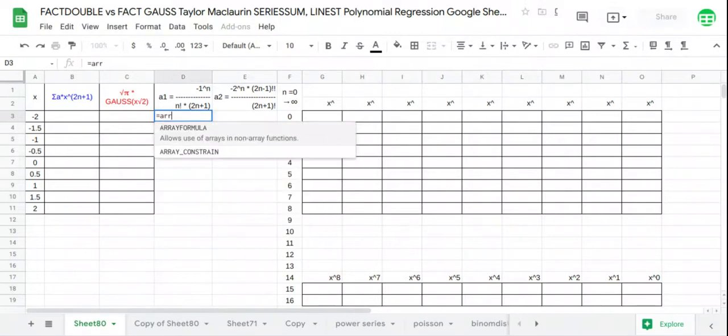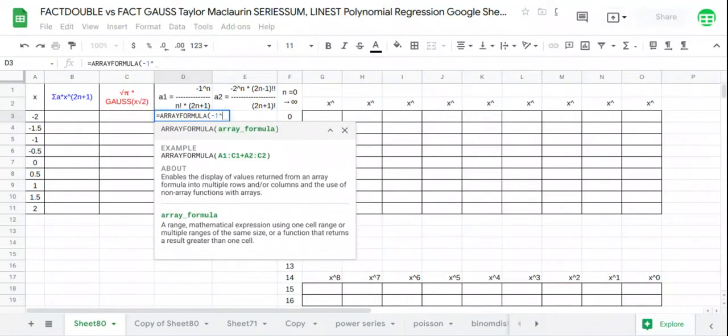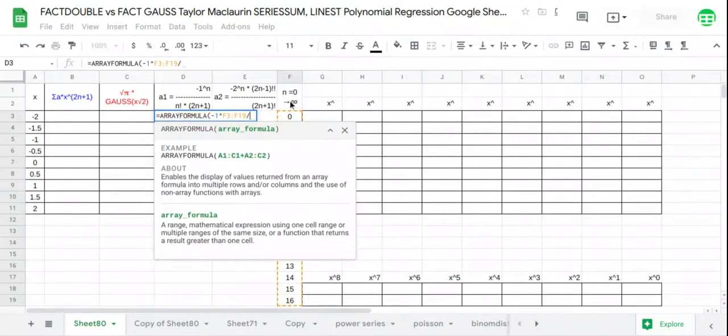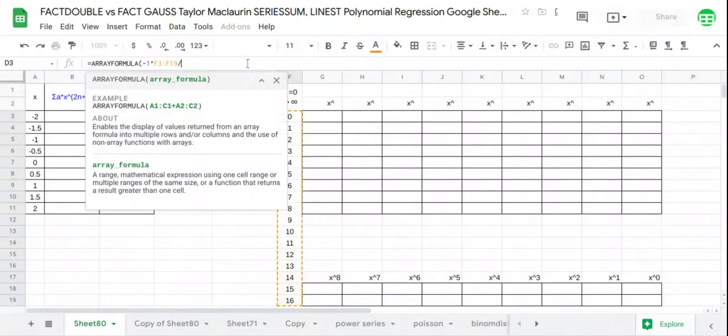So our formula: minus 1 raised to the power n, that's f3 to f19, divided by, so we copy this value of n, we copy this, okay, and we continue.